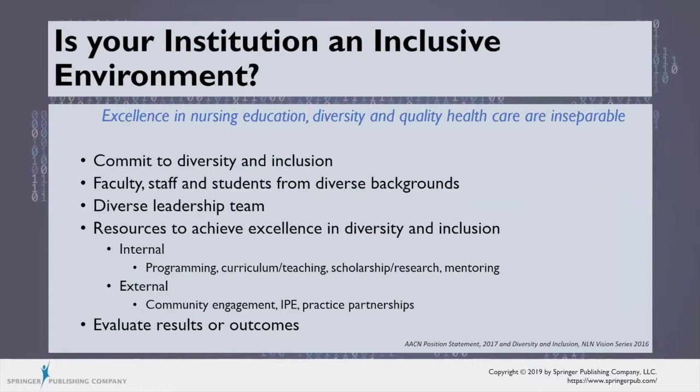However, before we talk about recruitment and bringing diversity into schools and into our organizations, we need to talk about the environment. And so, what is the culture and the climate in our organizations and in our schools of nursing?